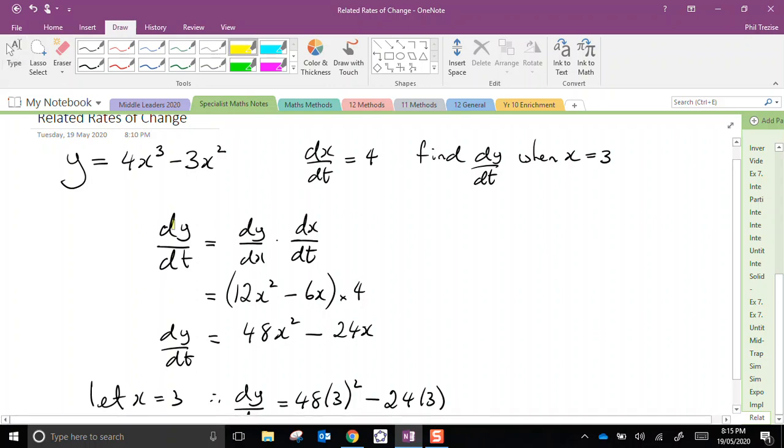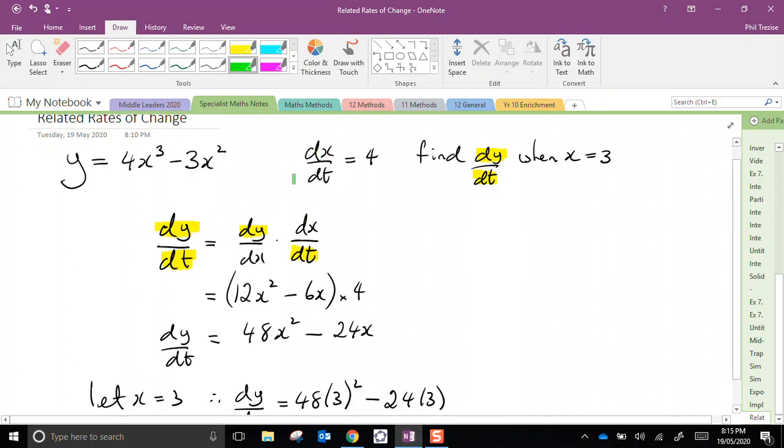We use the chain rule. Start with the thing that you are looking for, dy/dt. Split that into two rates, dy over something and something over dt. Now what do you put there?